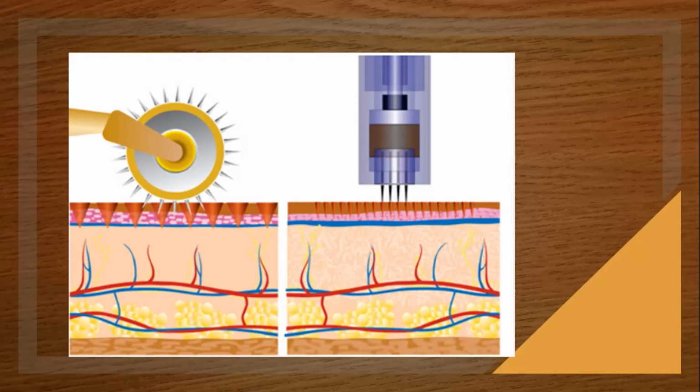Yes, the advantage of the pen over the derma roller is that the derma roller basically creates a larger epidermal injury at the surface, whereas the Dr. pen or M pen, this type of microneedling pen, creates very minimal epidermal injury, and it can create a deeper and very regular dermal injury. That is what is needed in our case.